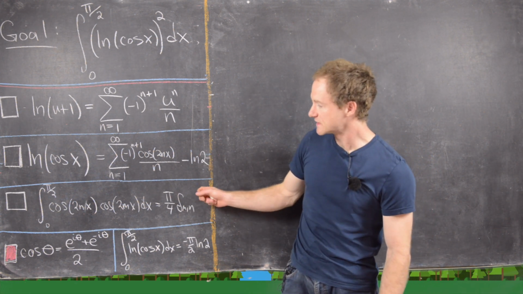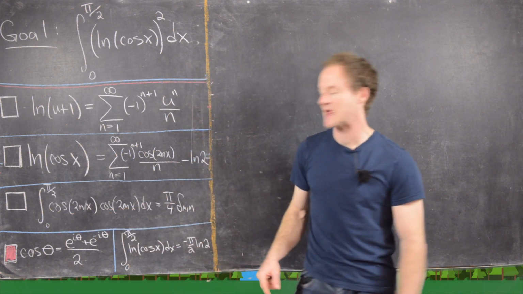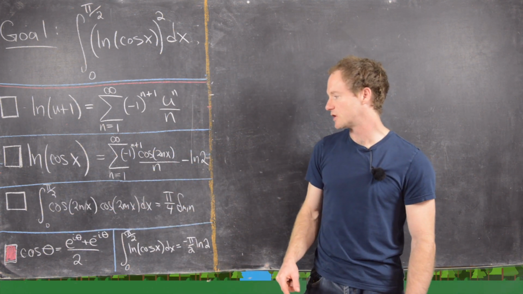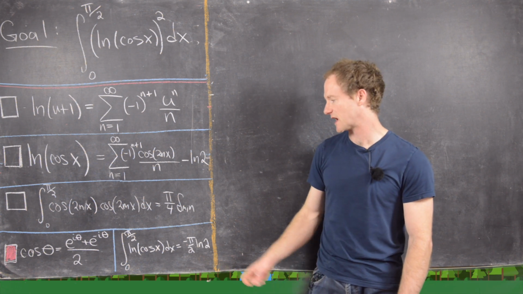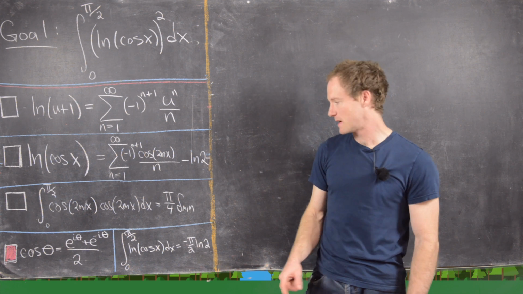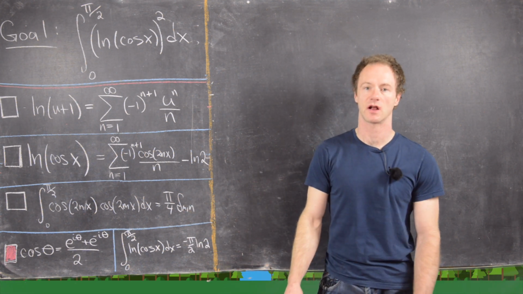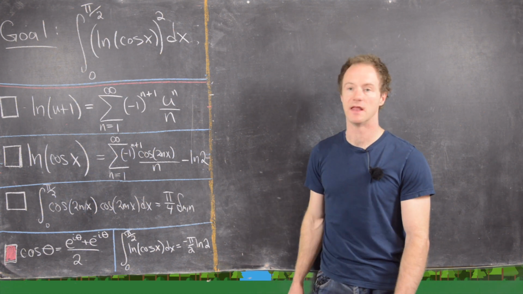And then also, if you take this integral from 0 to pi over 2 of cosine 2nx and cosine 2mx dx, you get pi over 4 if n and m are the same, and you get 0 if they're not. And we can put that all together into this Kronecker delta symbol, this delta mn.